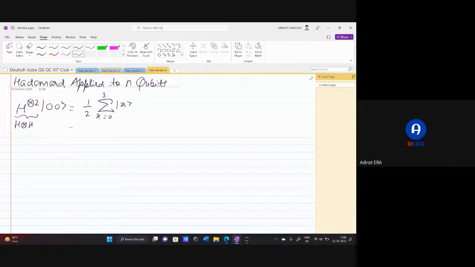Take half, and then summation x goes from 0 to 3. That means you are going to put all these values into the x. So basically it says ket 0 plus ket 1 plus ket 2 up to ket 3, right? 0 1 2 3.